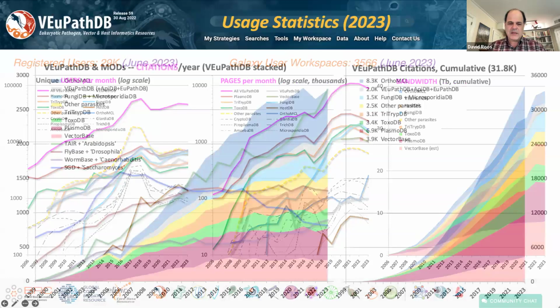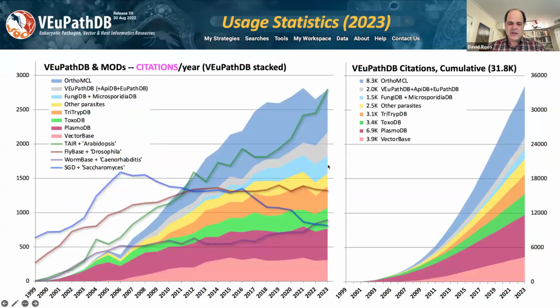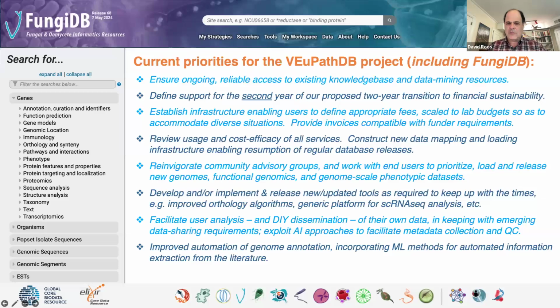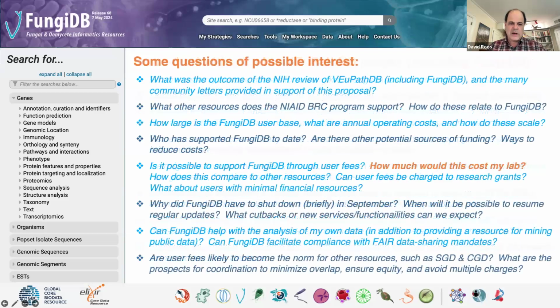These resources have been cited quite heavily. Those are indicated in turquoise here. And happy to talk more about what the usage of these resources are, and perhaps more importantly about what our plans are for moving forward. I'm happy to talk about the scale of the VEuPathDB budget.